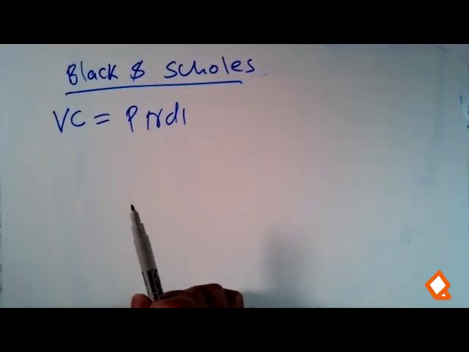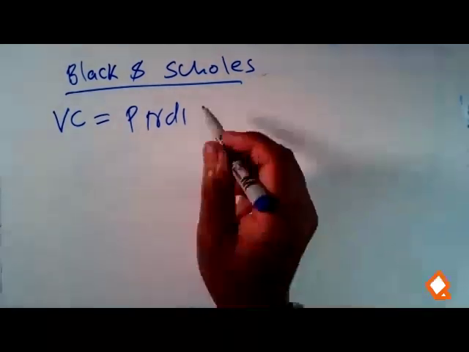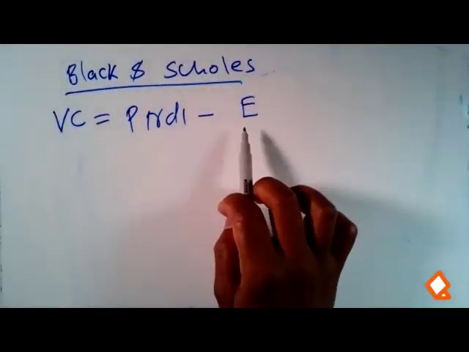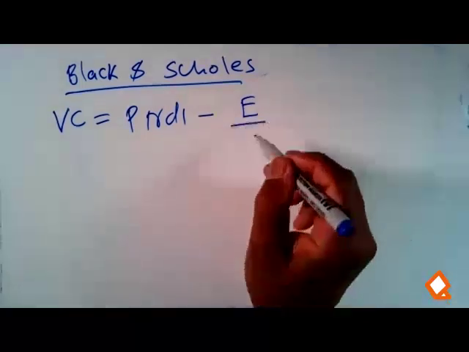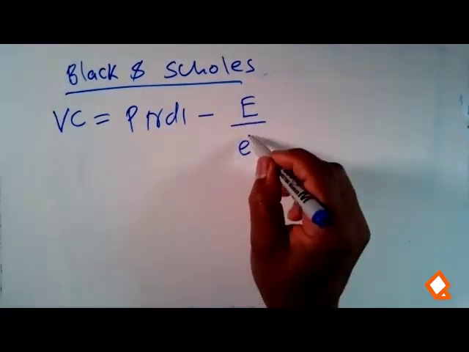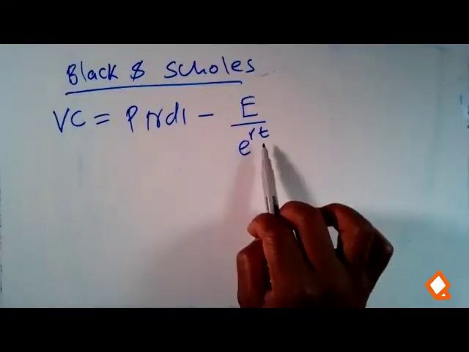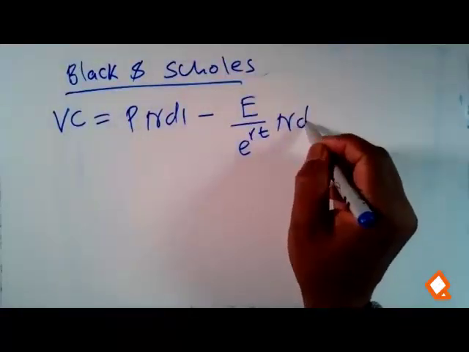Students, before this class, make sure you are in possession of a normal distribution table, because that's where you'll get the normal distribution values. Then you deduct E, where E means the exercise price, divided by the exponential raised to the power RT, where R is the risk-free rate and T is the time remaining to maturity, and then you multiply by N(d2).